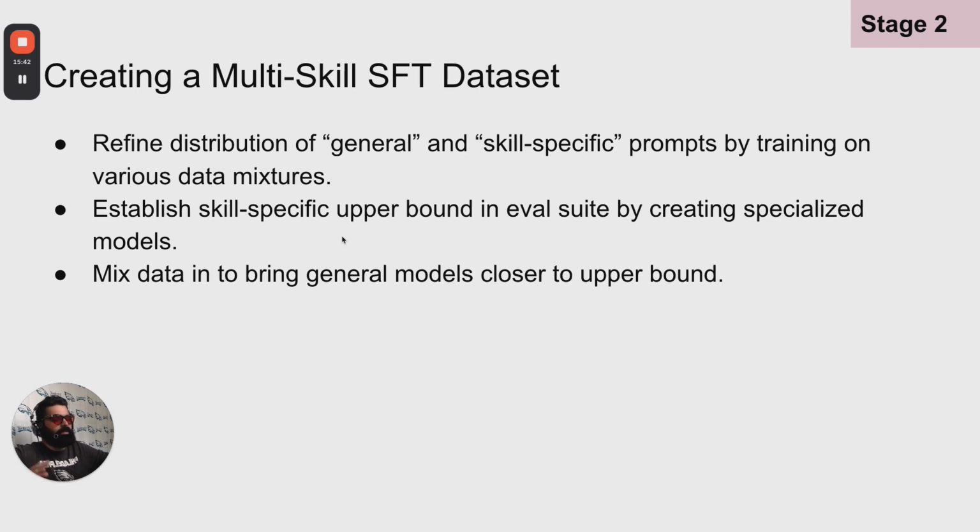So they have a math model, a code model, and an instruction following model, and they establish a skill-specific upper bound on the eval suite. That's their theoretical maximum. Then they mix in general data to diversify the dataset, and that's going to decrease the skill-specific performance, but now they know the maximum that they can try to improve upon and achieve. I thought that was a very interesting concept, that single skill upper bounds in the evals can give you a sense of what your theoretical maximum is.